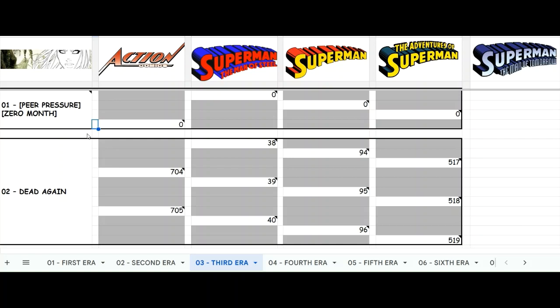Please note that sometimes this is referred to as the Conduit Saga, which makes very little sense to me given that all the internal issues have internal titles of Peer Pressure Part 1, Part 2, Part 3, and Part 4. So that seems a bit random. This last issue, Action Comic 0, ends on sort of not quite a cliffhanger, but it leads directly into the next explicit arc, which is Dead Again, as you can see here.